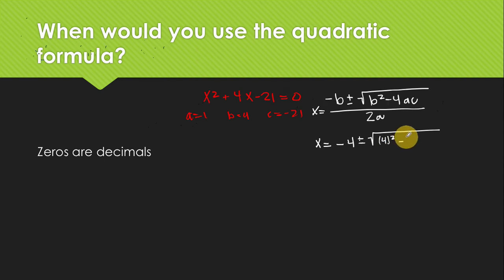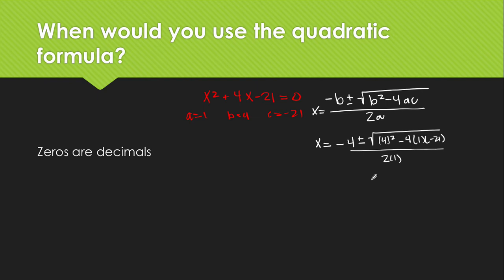Minus 4 times a. a is 1 times c. c is negative 21. All divided by 2a. a is 1. So I have not really done anything super complicated here. All I did was plug in the a, b, and c into this formula.